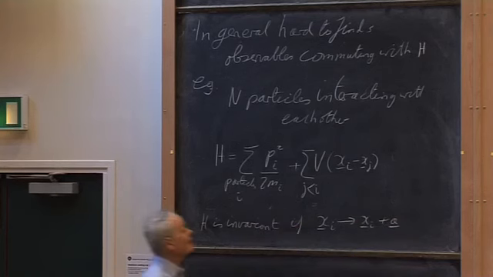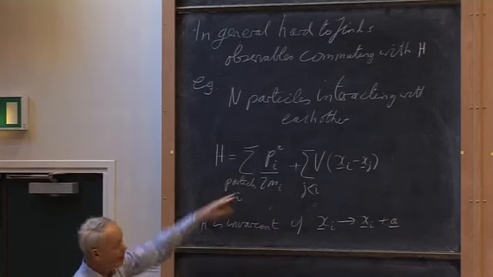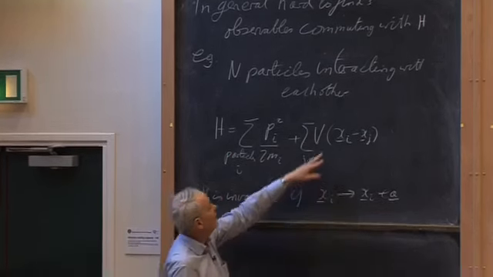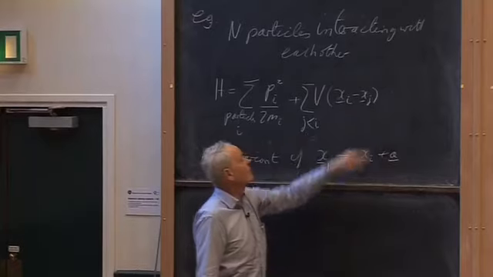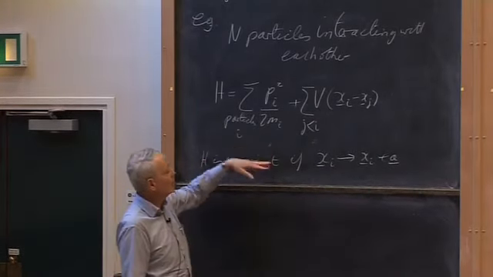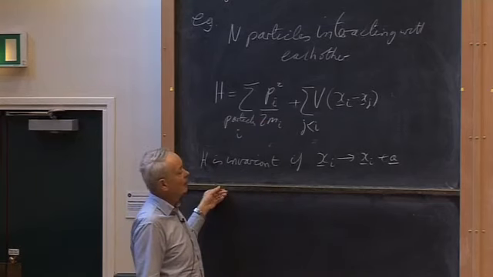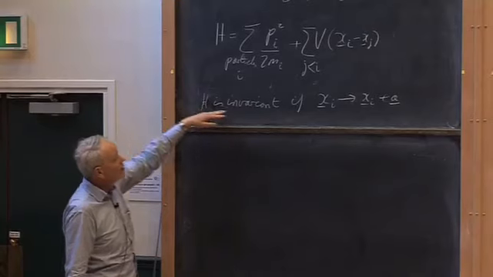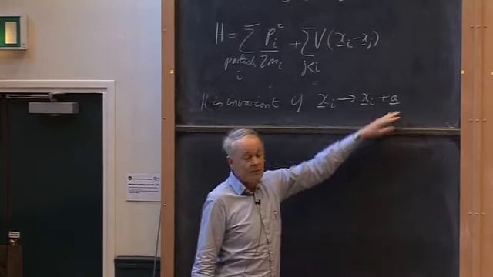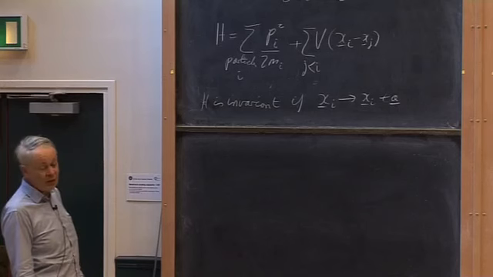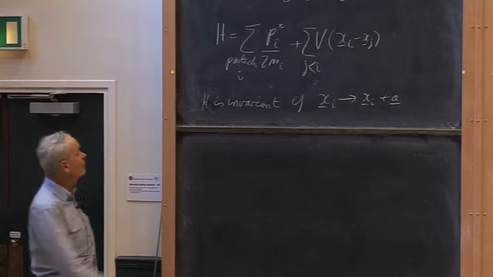If you simply add a vector a to all the locations of the particles, and you shove the whole system along by a vector a, then the arguments of all of these interactions stay the same, and you don't affect the momentum, so H is invariant. And what does that tell you? That tells you that the generator of this transformation is going to be a conserved quantity.